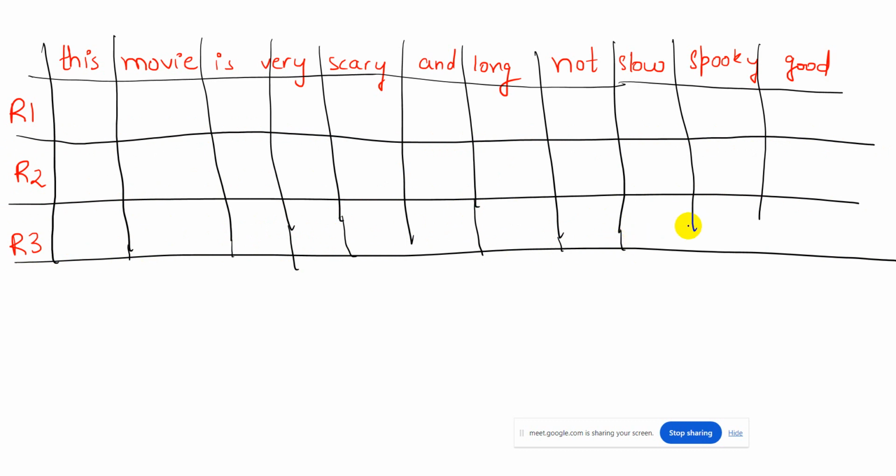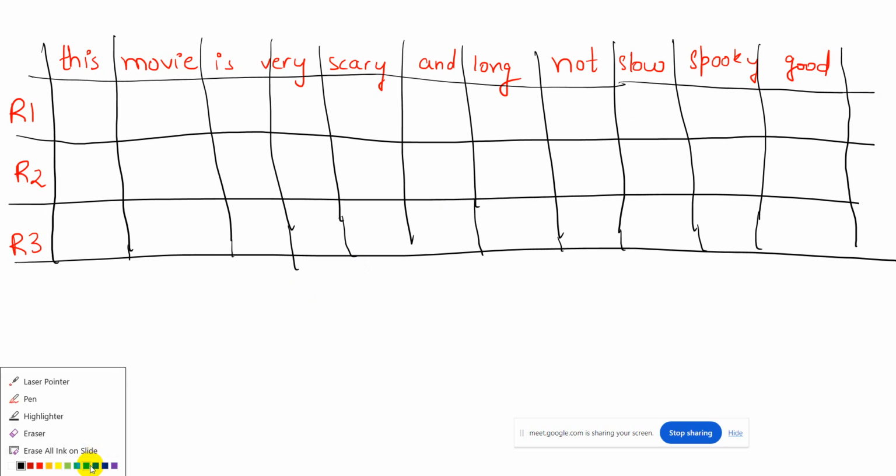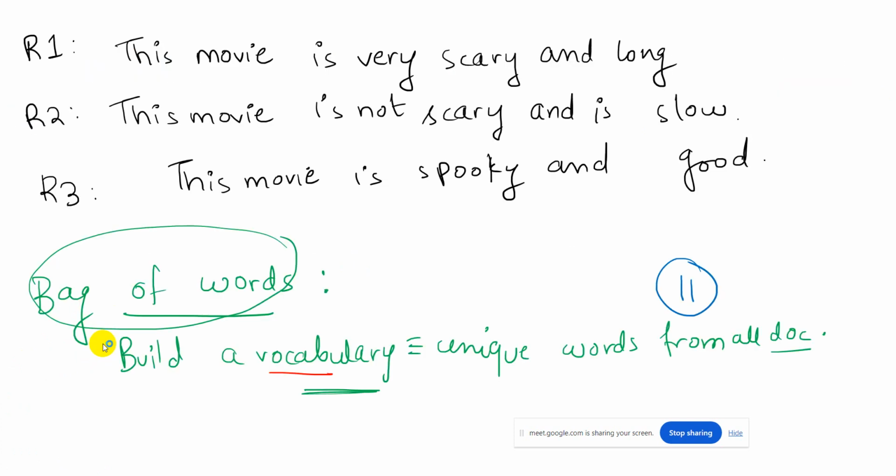Whichever word appears in whichever document, there you will write 1, else you will write 0. And if a particular word is repeated in a document, you just update the count of it. So for the first review, what was it?